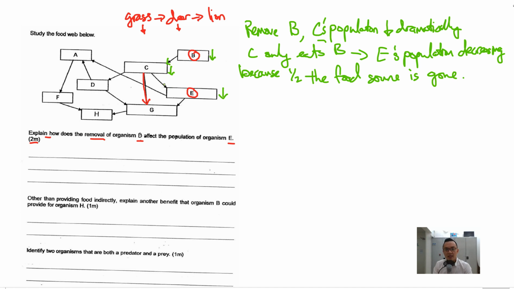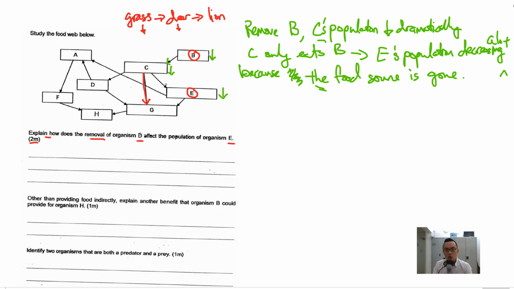Alright, so E eats 2 population. Hey, wait a minute, that's wrong. So E's population will decrease a lot because it's not half, the food source is gone.